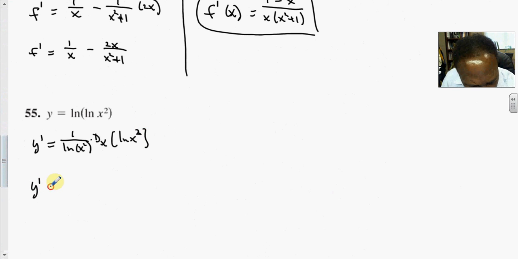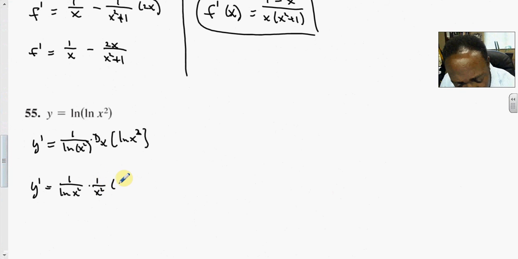So y prime is now the derivative of the natural log of x squared is 1 over x squared, then times the derivative of x squared, which is 2x.